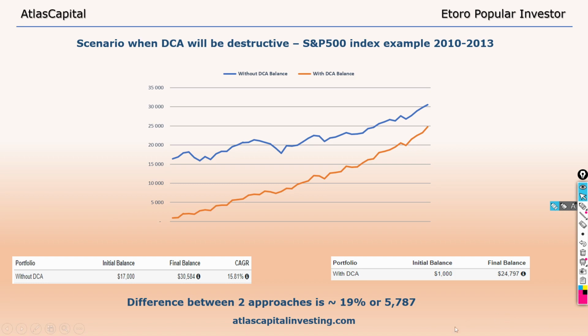Now don't underestimate this, because over time, if you keep investing, this 5,700 can eventually grow to a very decent amount of money over the long term. So we can see that during this period the portfolio without DCA delivered a better result, because the S&P 500 itself was constantly growing during this period.